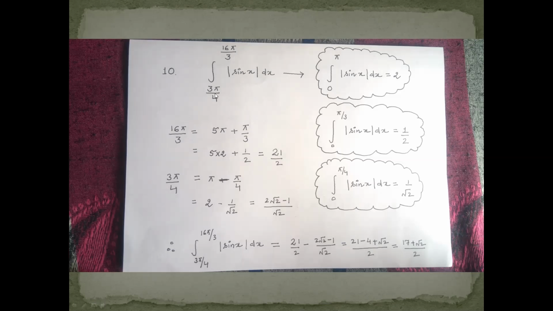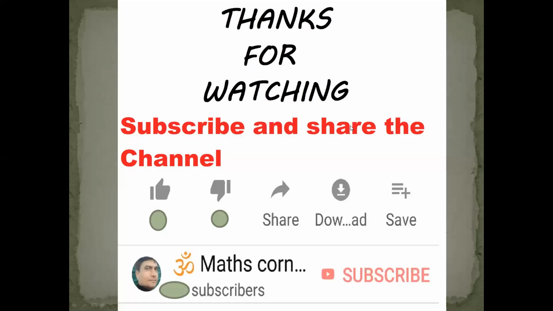Likewise, for the lower limit 3 pi upon 4, this is pi minus pi upon 4. Here pi means 2, pi by 4 means 1 upon square root of 2. So we take the upper limit minus the lower limit. The solution obtained by the upper limit is 21 upon 2, and that of the lower limit is this. Subtracting and solving, we have the final answer 17 plus square root of 2 upon 2.